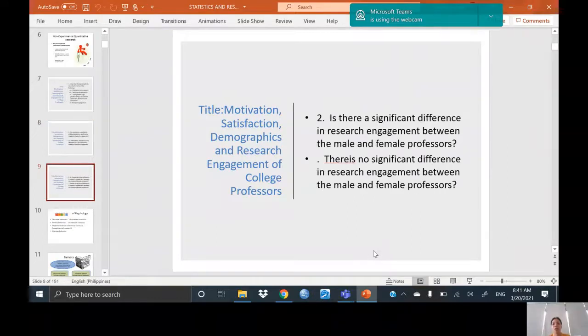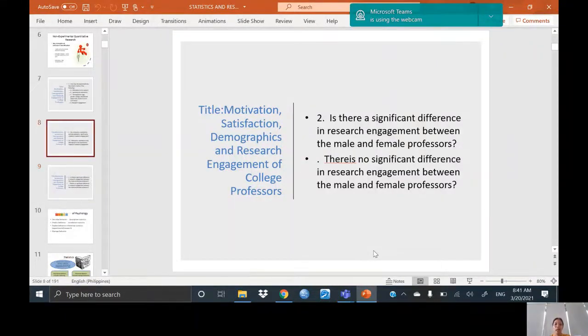And how about this one? You've got here, is there a significant difference in research engagement between the male and female professors? Again, do you think this problem is a descriptive or an inferential problem?